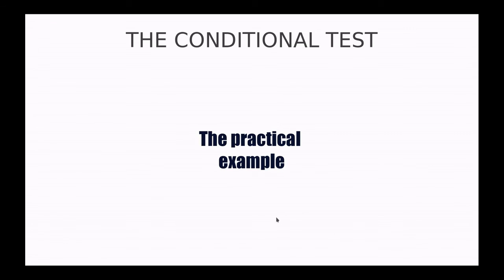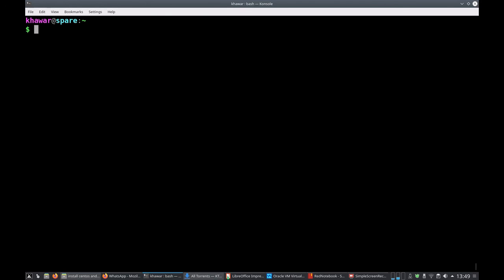Now we shall go to the practical example, and I will demonstrate this output. We are here at the command line. There is an editor called Nano, which is available in most operating systems as a default. The command that is required is nano temp.sh.